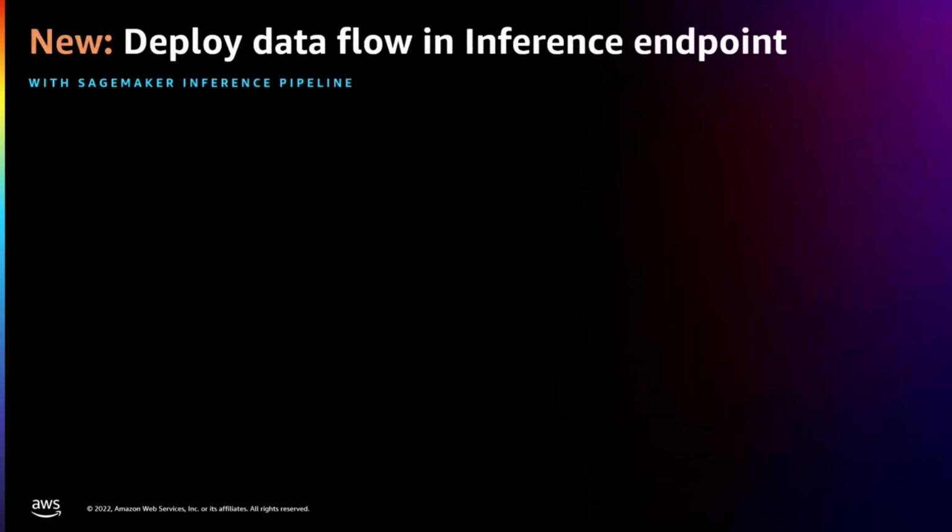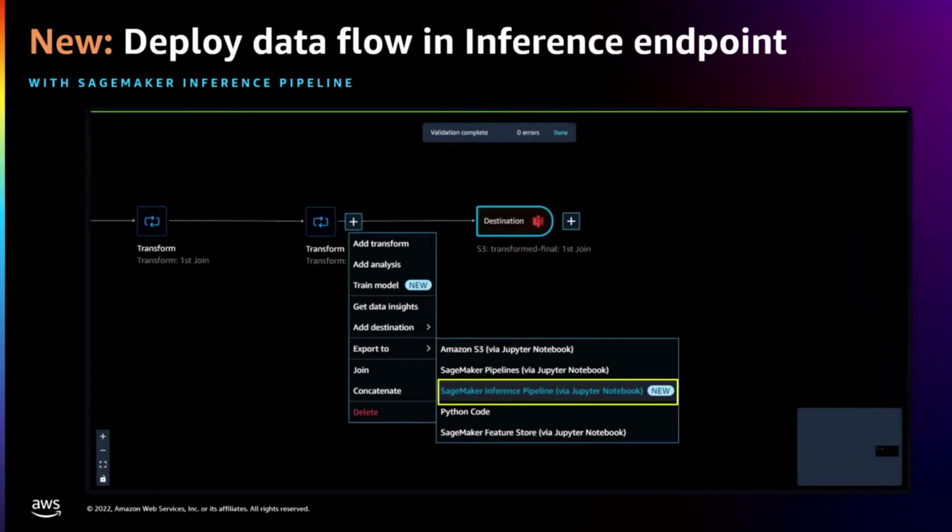And today, with great pleasure, I also get to announce that we now make the deployment of data flow into an inference endpoint much easier using the low-code interface in Data Wrangler. When you export the data flow, you now also have the option to export it into a SageMaker inference pipeline.